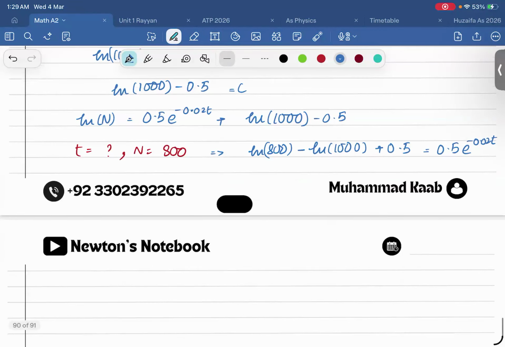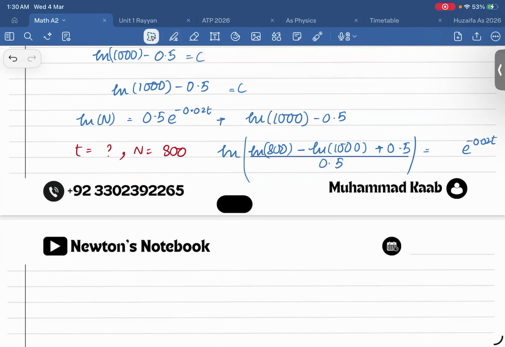Okay, so I just made the mistake there. Just divide that by 0.5, and this 0.5 is gone. And then apply ln here, and that ln will be gone.